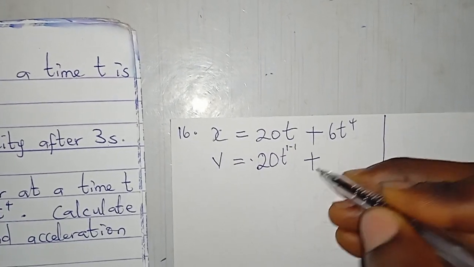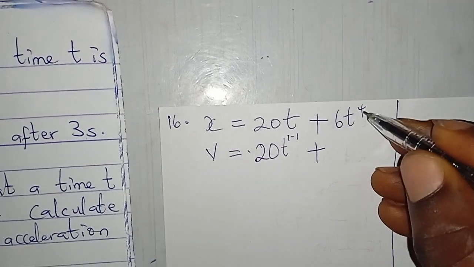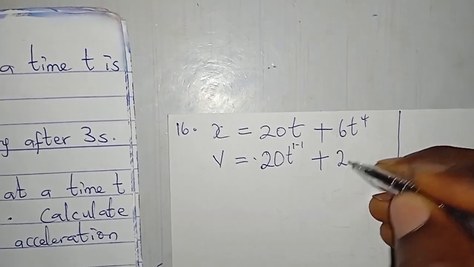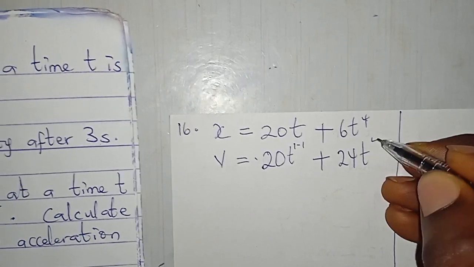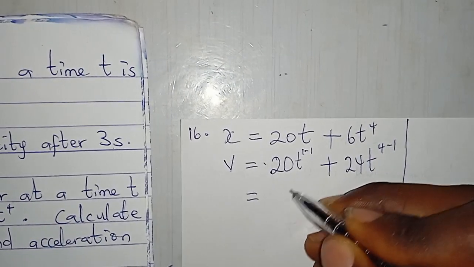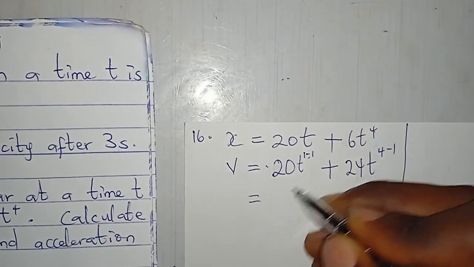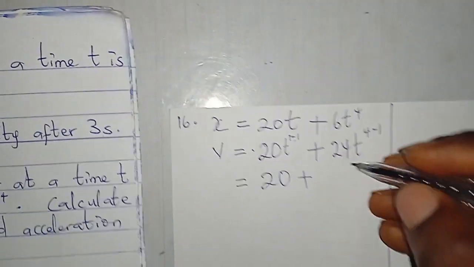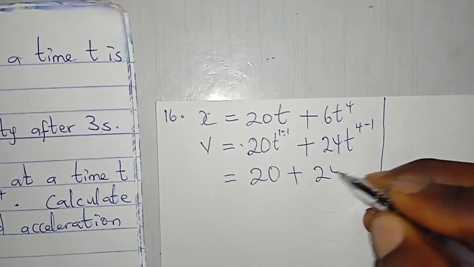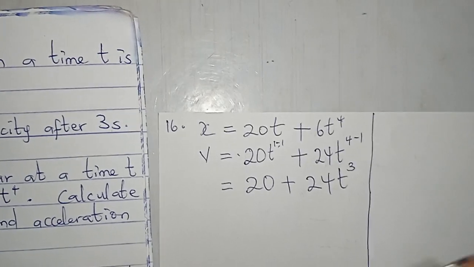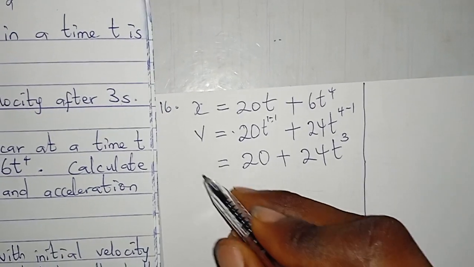Remember, we always subtract from the power. Plus this 4 times this 6, 24t, then 4 minus 1. So this is the same thing as saying t raised to power 0, and anything raised to power 0 is the same thing as 1. 20 times 1 is 20 plus 24 t raised to power 3. So this is our v.